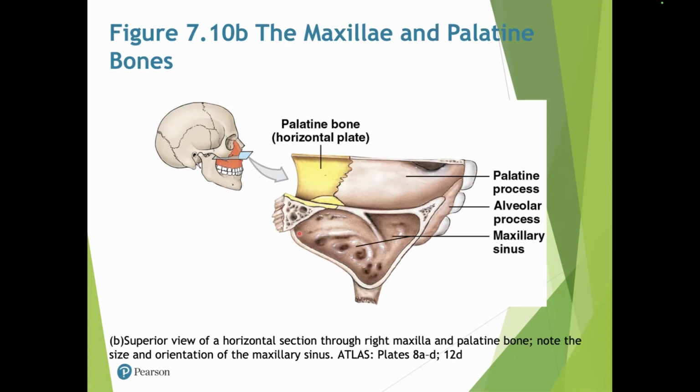So, as you can see here, we've got a little cutaway of the maxilla. This is your palatine bone and horizontal plate right here. Okay, we're looking at the alveolar process. We can see our maxillary sinus, our palatine process.